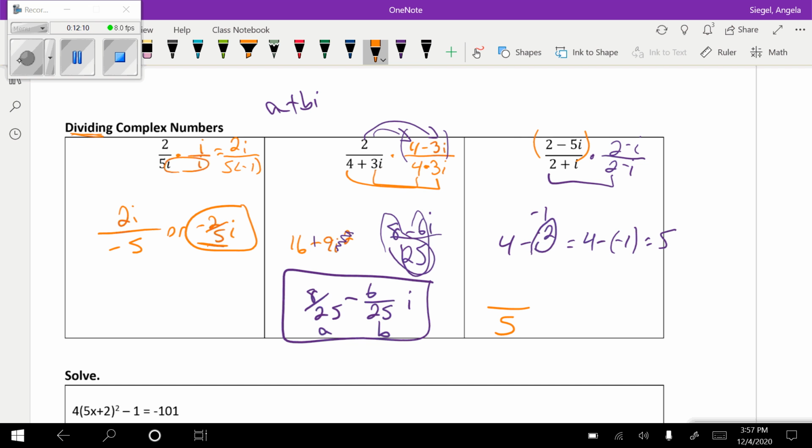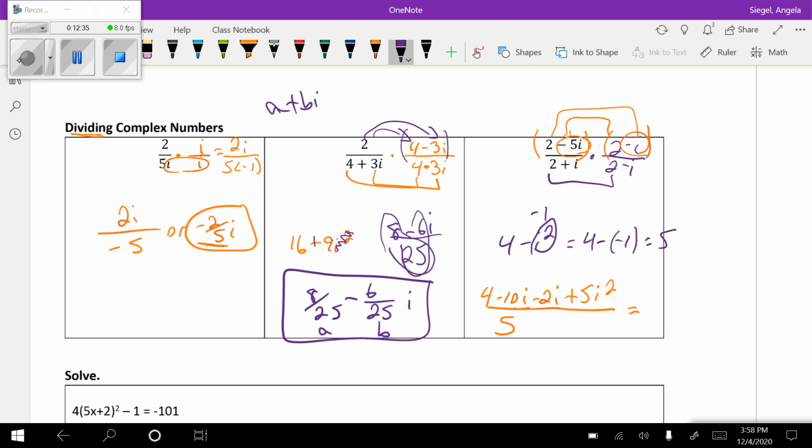And what's kind of yucky about the top is I'm going to have to FOIL these. And I can't take a shortcut because they're not conjugates. So I have 4, and then I have, let's see, minus 10i. And then I have minus 2i. And then for this last one right there, I have plus 5i squared.